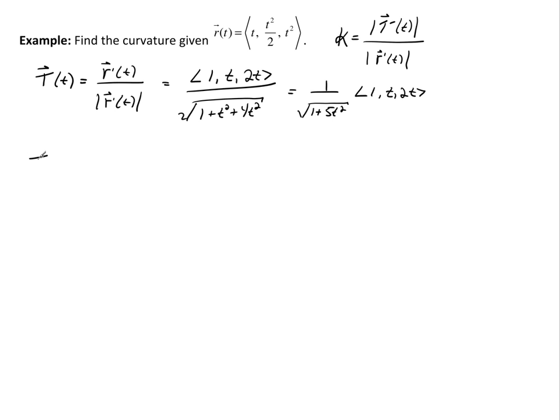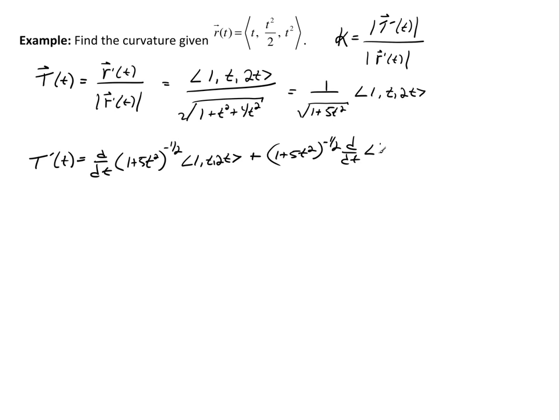So now I have the unit tangent vector, but I need the first derivative of it. So let's see, I'm going to write this out in some detail here. T prime of t, I'm going to think of it in terms of d/dt of (1 plus 5t squared) to the negative 1/2 times the vector 1, t, 2t, plus (1 plus 5t squared) to the negative 1/2 times d/dt of the vector 1, t, 2t. It's just the product rule.